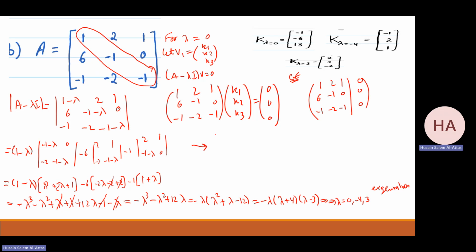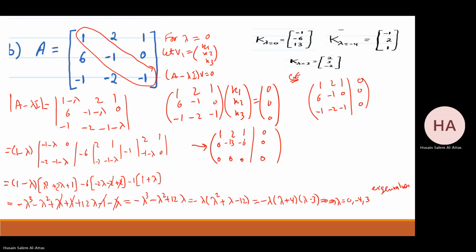So multiply by minus 6 and add it to the next one. That will be 0. Minus 6, that will be minus 13. Okay. Minus 6, that will be minus 6. And this is 0. Multiply by 1 and add it. This is 0.